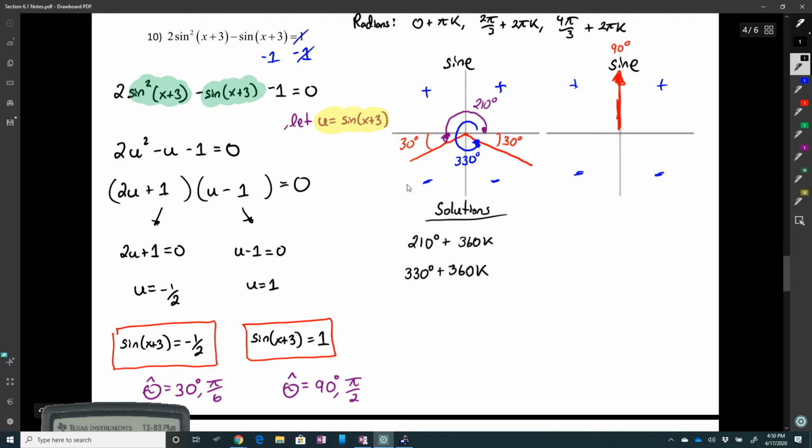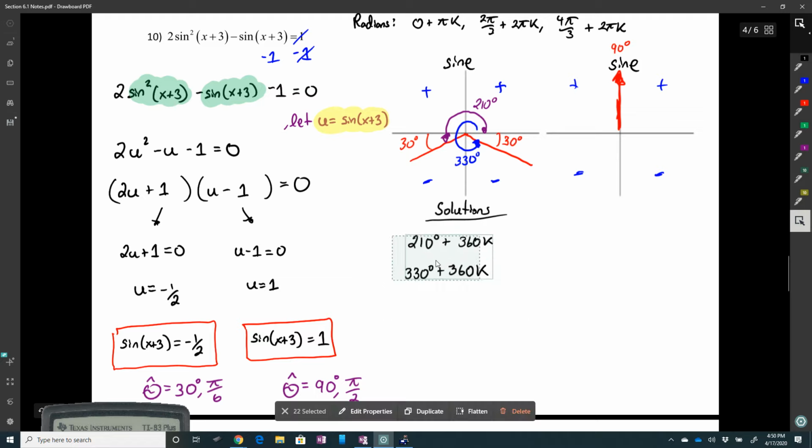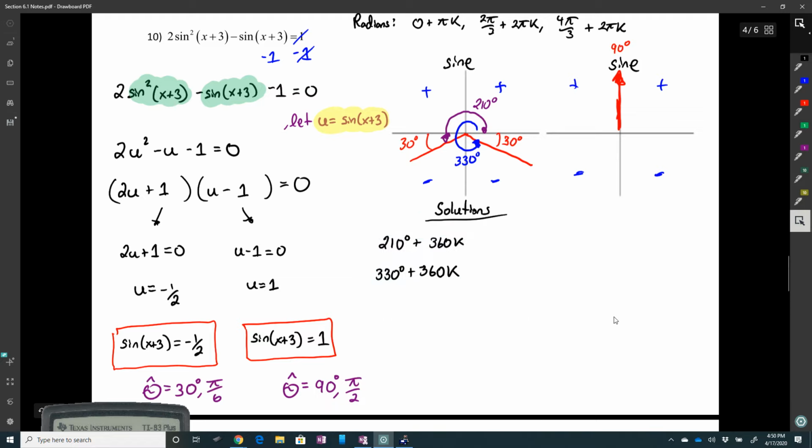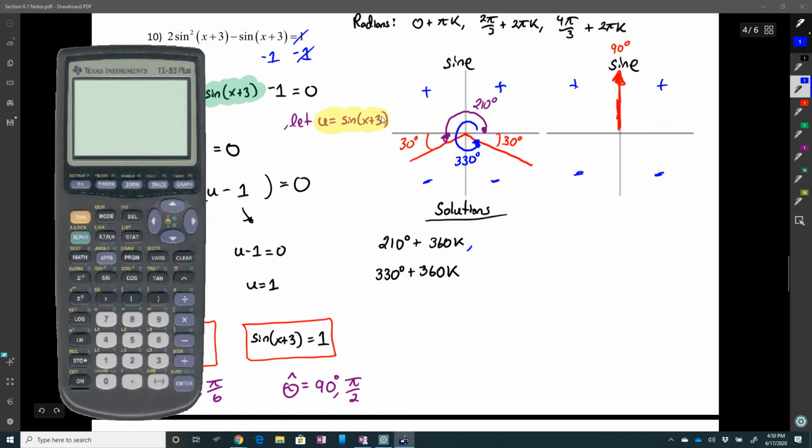Plus 360k. If you wanted to write their radian counterparts, like if the problem said answer in radians, you could. In radians, remember that this is pi over 6. So it's a full pi, so 1 pi, plus a sixth of a pi.